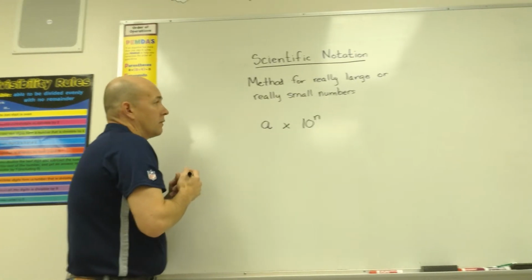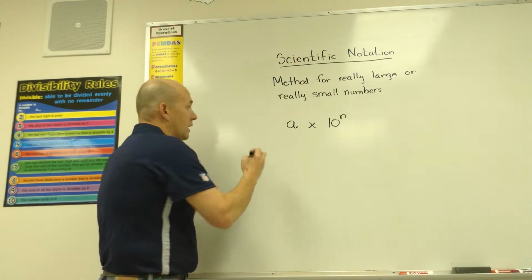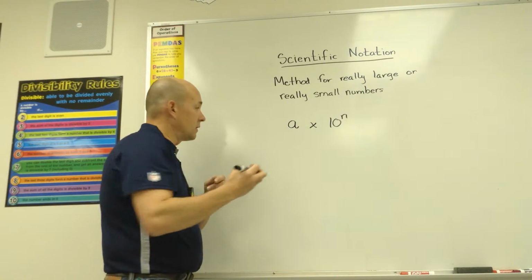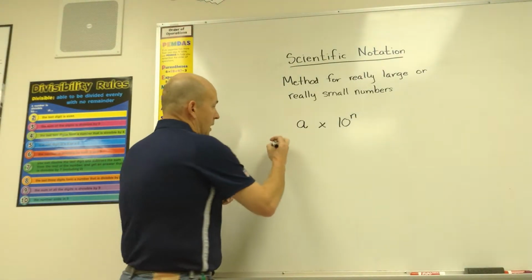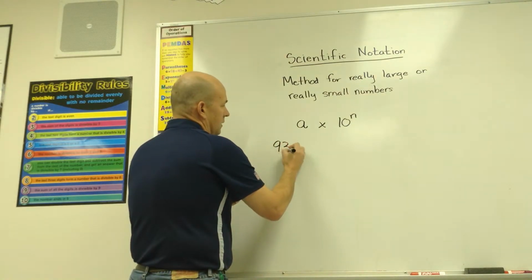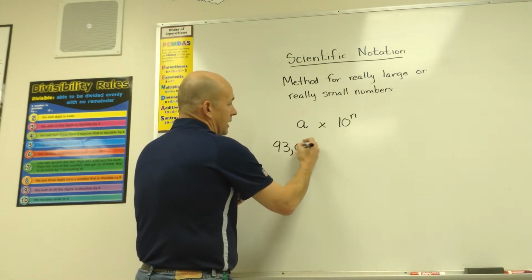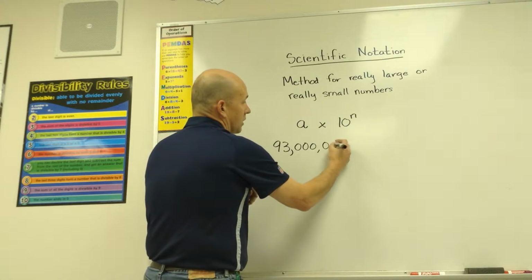Okay, now let me give you an example of what this might look like. Let's say we want to talk about the distance from Earth to the Sun. A good estimate is about 93 million miles.